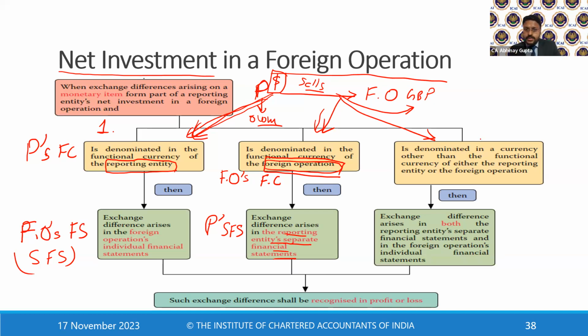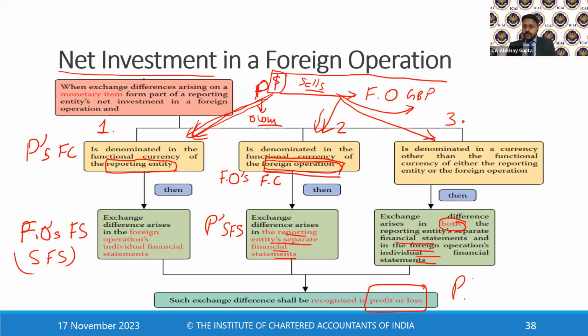This is scenario 2 and this is scenario 3. If the transaction between the parent and foreign operation is neither happening in the parent's functional currency nor in the foreign operation's functional currency, then both the parent's and the foreign operation's standalone financial statements will have the foreign exchange gain or loss. Now, what the standard says is that whoever is recording that forex exchange gain or loss has to record it in P&L.